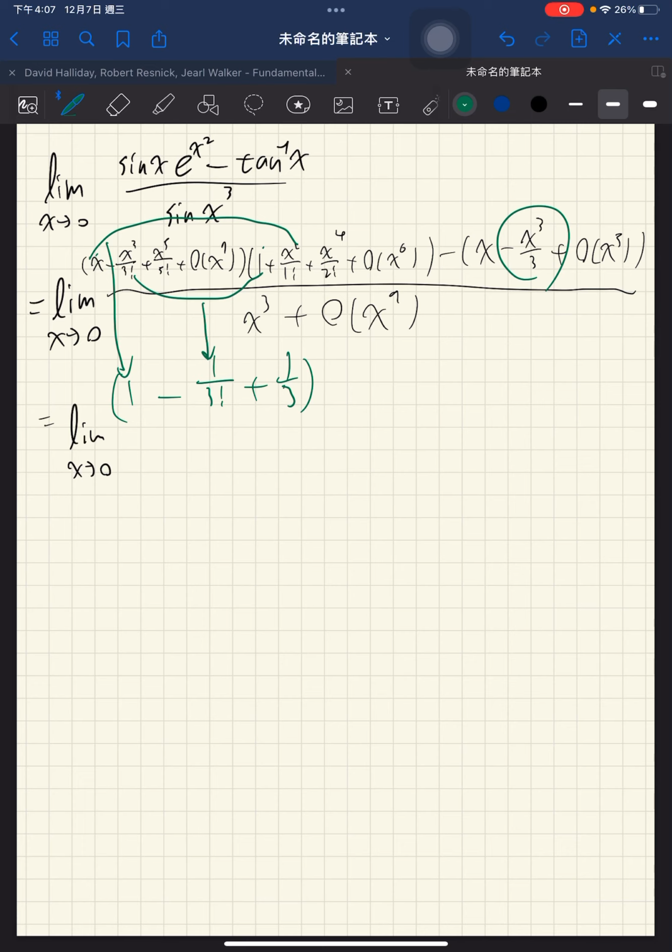Oh, and multiply, ugly 3. Multiply x to the third power, and everything is just remainder.